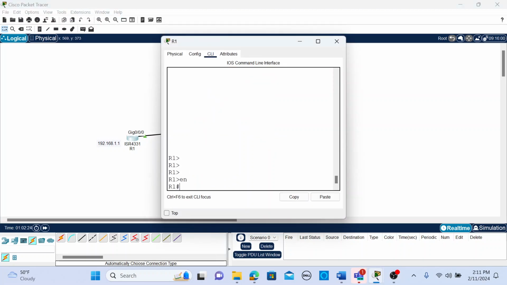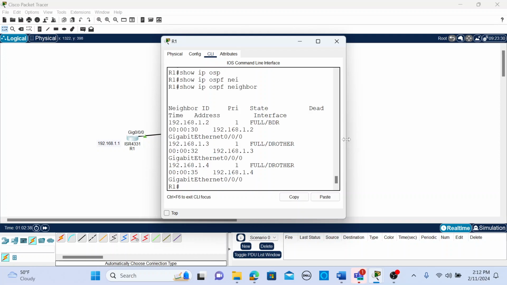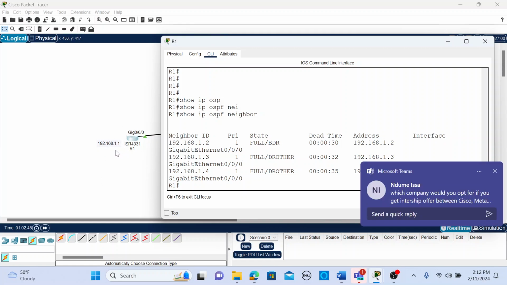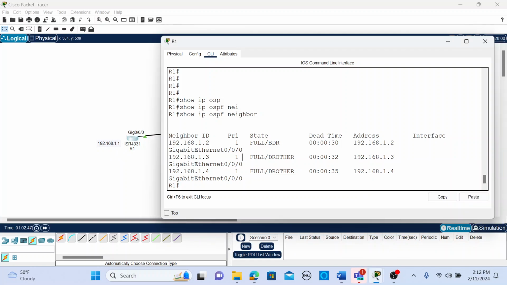I'm on router 1 right now. There are some commands to see the states of the OSPF neighbors that you have in your network. If you give show ip ospf neighbor, you will not see your own router ID, like neighbor ID 1.1.1.1, which is the real router ID of this particular router.